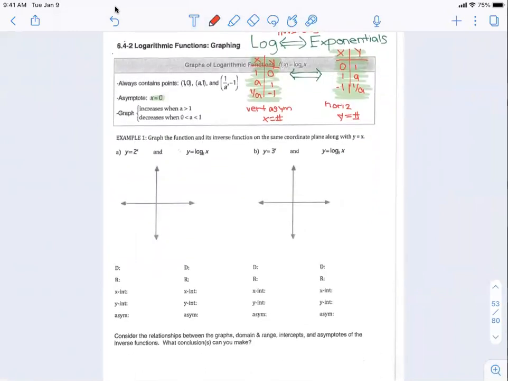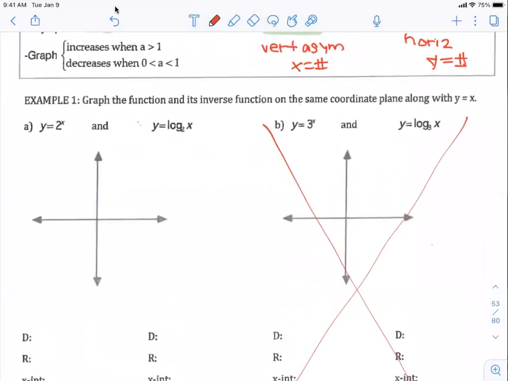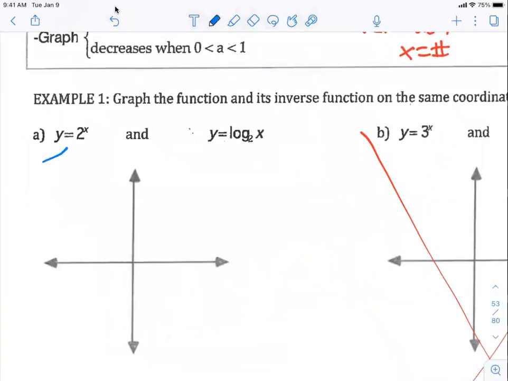So we're going to go ahead and just graph one of these right now, because these are really kind of the same thing. We're going to graph both the exponential and the log. Let's start with the exponential. Again, you should have the 3 points memorized: 0, 1; 1, a. And remember, in this case, a is 2. So it's 1, 2; -1, 1/2. Let's just go ahead and graph all of that.